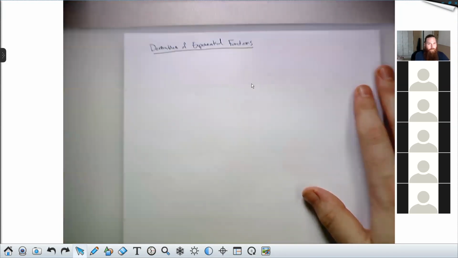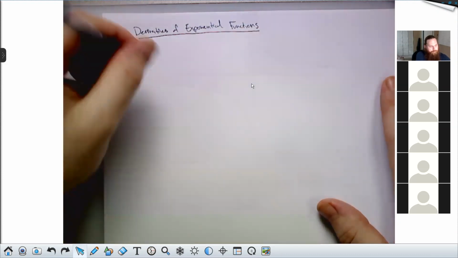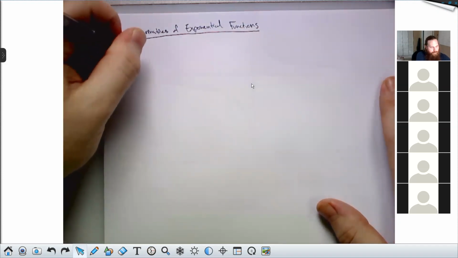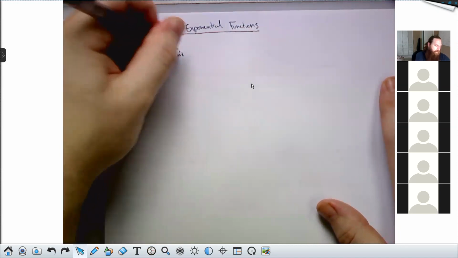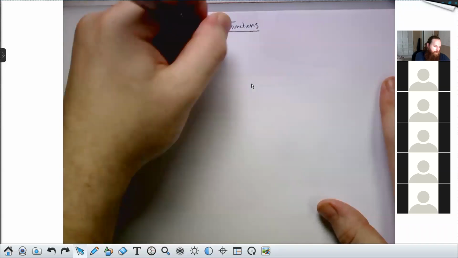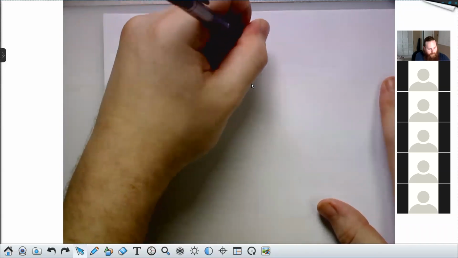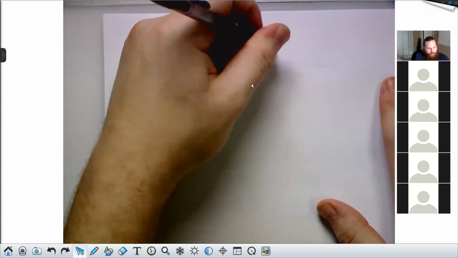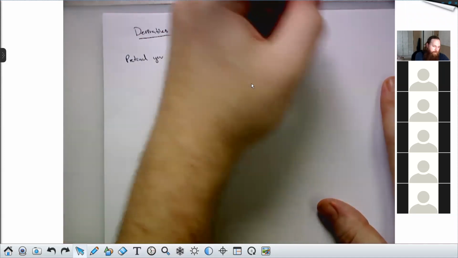In fact, we're going to start by playing around with the function e to the x. So pretend you don't know what e, which again is like 2.71828 blah, blah, blah, is. It's just a number.